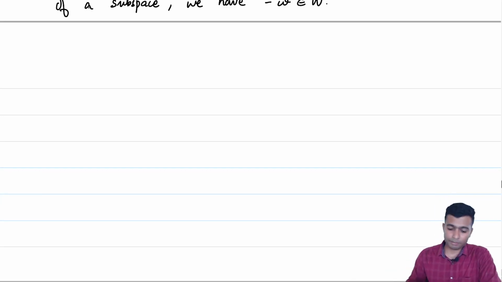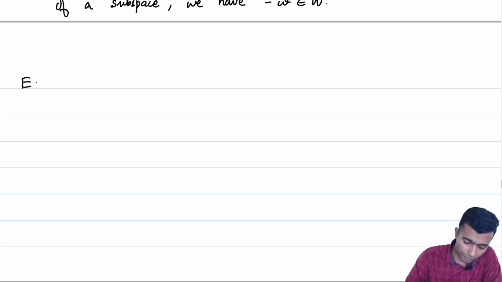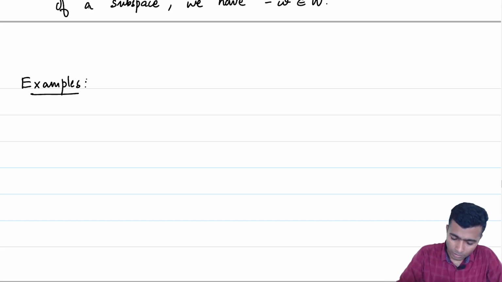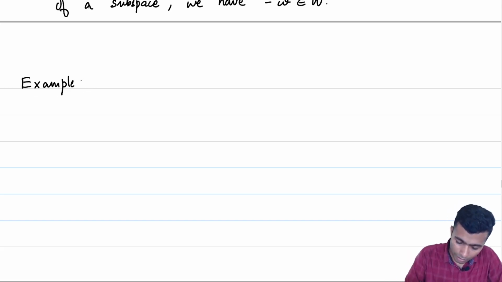Let us now look at many examples of subspaces. So, the first example, let me write it as example 1.